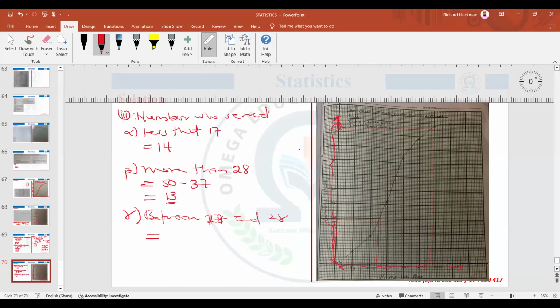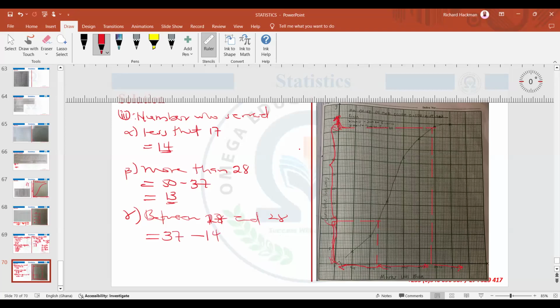You are not using this value, please take notes. Here you use the reading, not the value. So the reading there is 37, minus the reading here, which was 14. Should I come again?